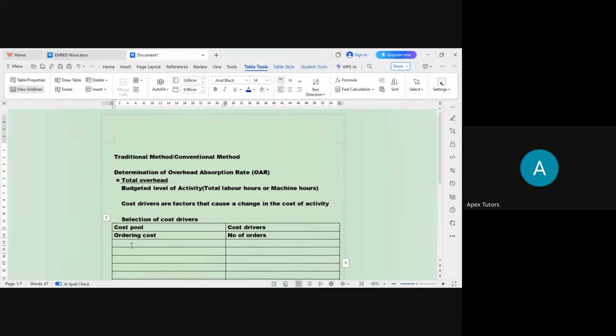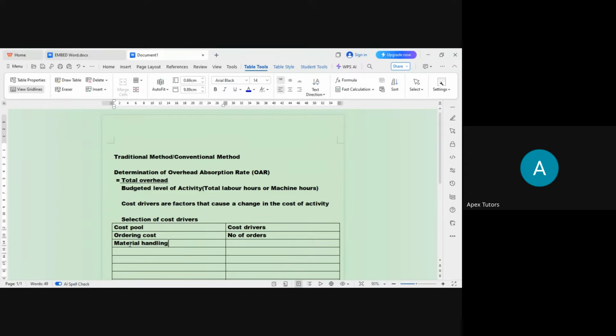And for the next form of cost pool, let's say, material handling. This is a cost pool. It's calling for cost. But the determinant of material handling will be what?